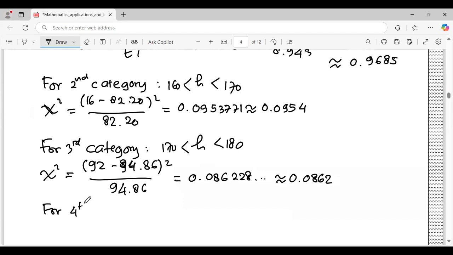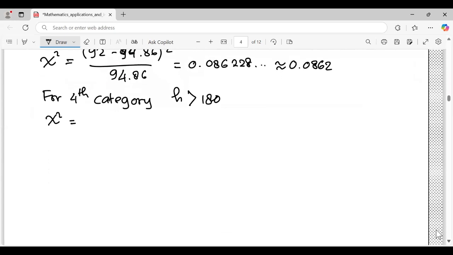For the fourth category, H greater than 180, so chi-squared equals (17 minus 13.99) squared over 13.99.